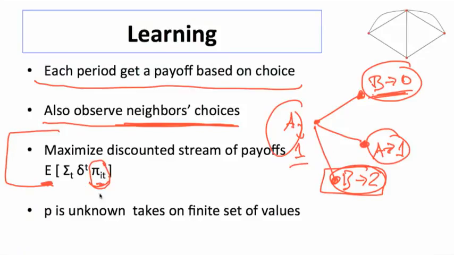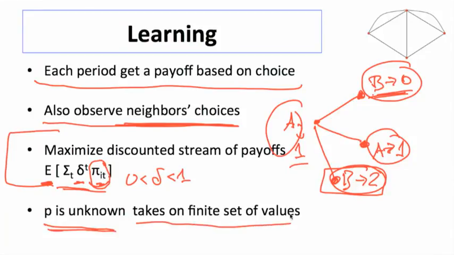There'll be some delta less than 1, greater than 0, and I'm going to maximize that sum of discounted payments. Okay? And let's suppose that P is unknown, so I don't know it initially. It takes on some finite set of values, so maybe it could be 0.1, 0.2, 0.3, etc. So it has some finite set of values, and I'm trying to guess whether B is a good thing.